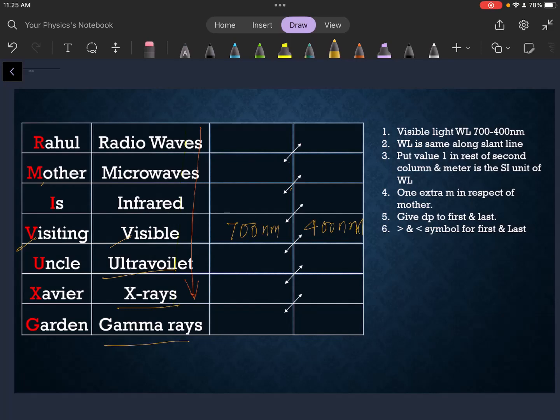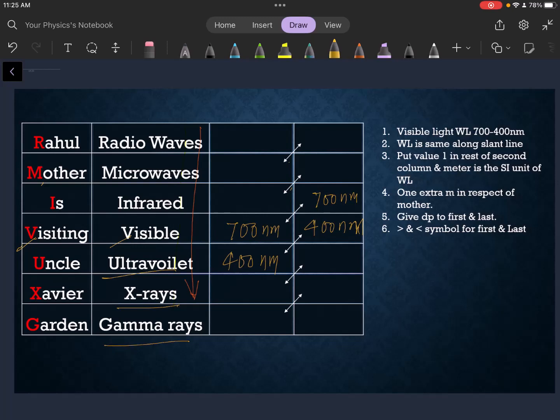The second step is that wavelength is the same along the slant line, so this is 400 nanometer. The third step is to put value 1 in the rest of the second column, and meter is the SI unit.